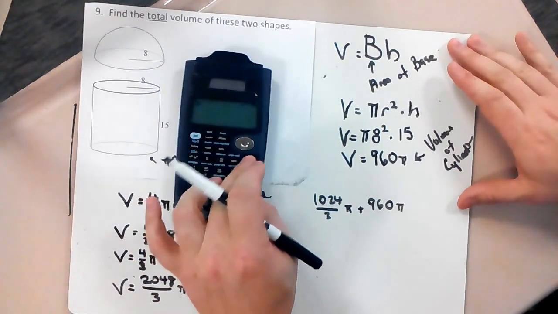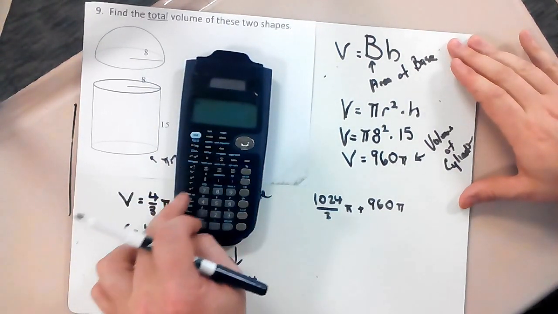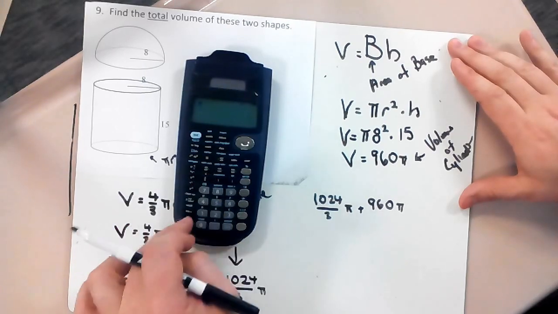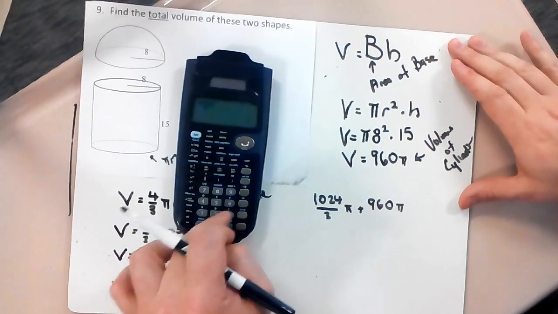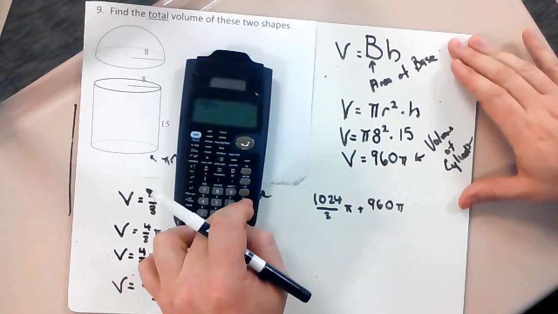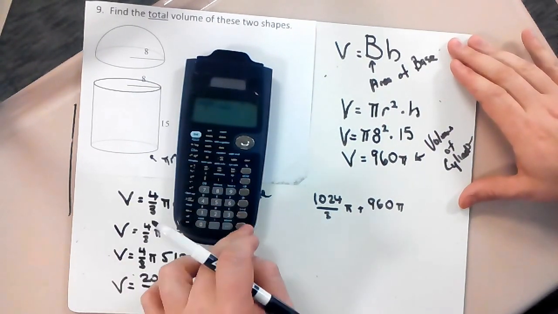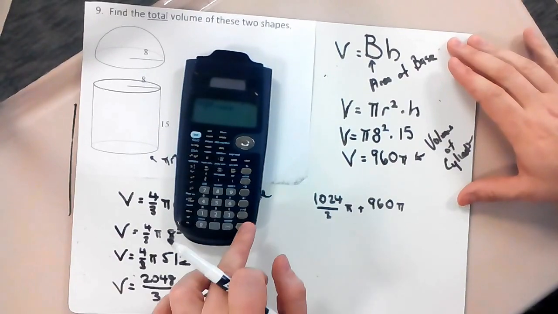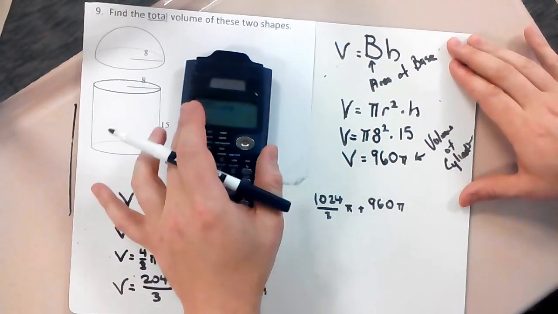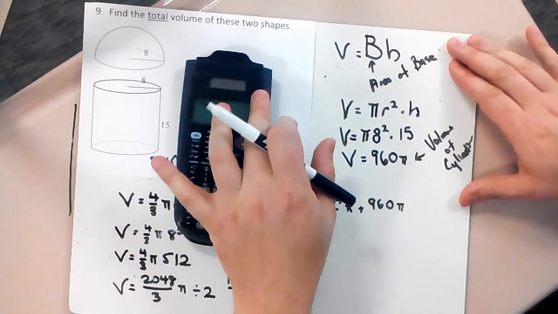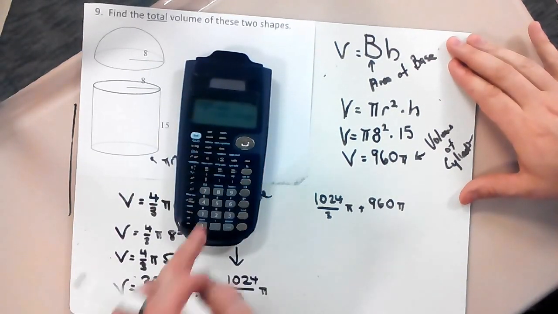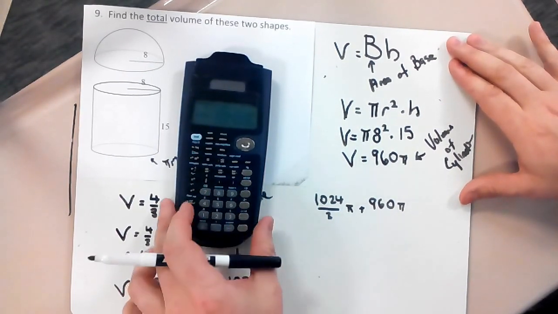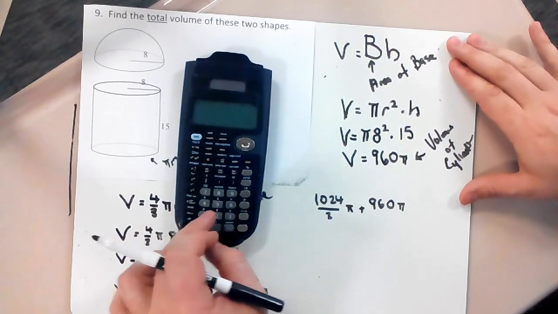With my calculator, I could just punch in 1024 over 3 plus 960. I know this is kind of hard to read on this video, but these types of calculators allow me to punch in a fraction. Let's see if it gives it to me as a decimal. It does not. Okay, so let's do this the long way.